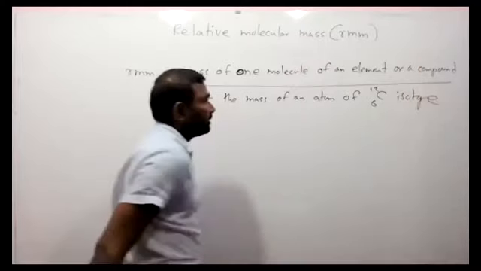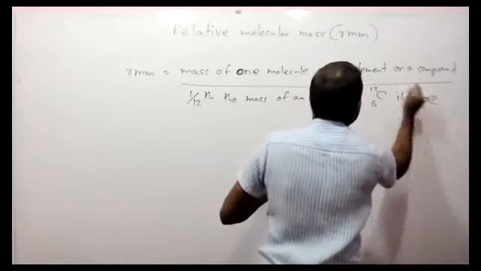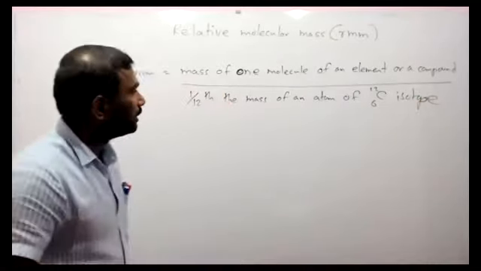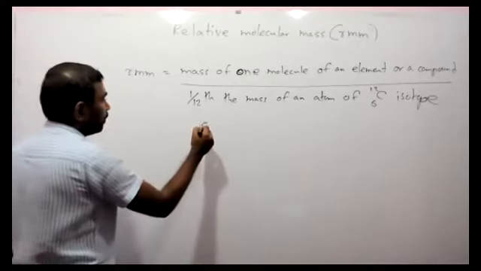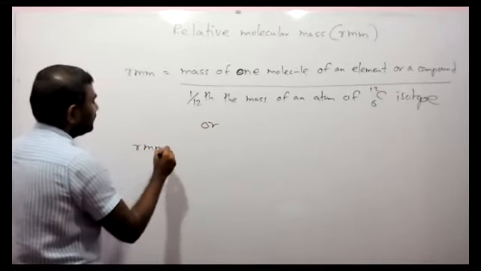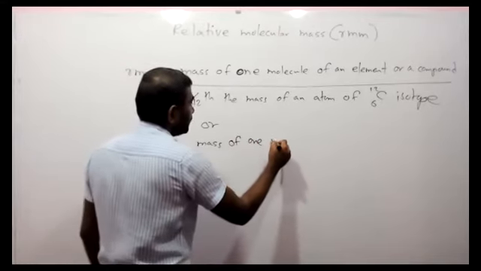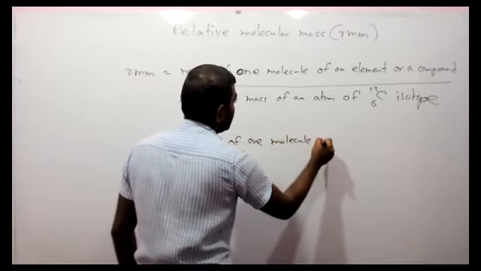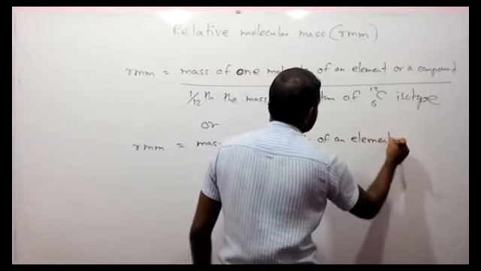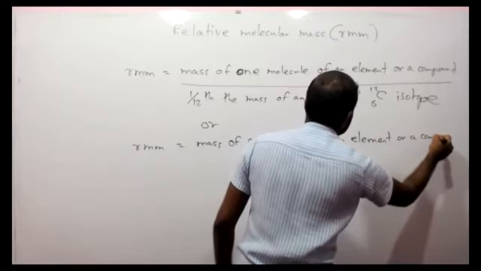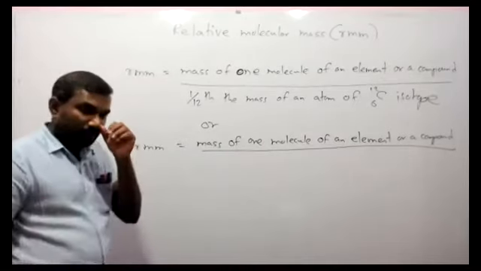We call it relative molecular mass. How do we define, children? The ratio between the mass of one molecule of an element or a compound and 1/12 the mass of an atom of carbon-12 isotope, we call it RMM, or we can say RMM equals the mass of one molecule of an element or a compound divided by 1/12 the mass of an atom of carbon-12 isotope.